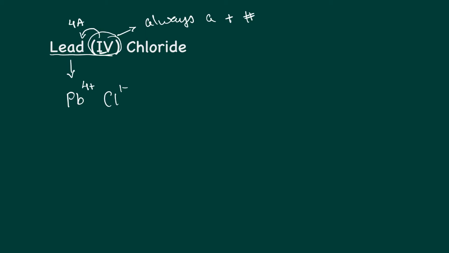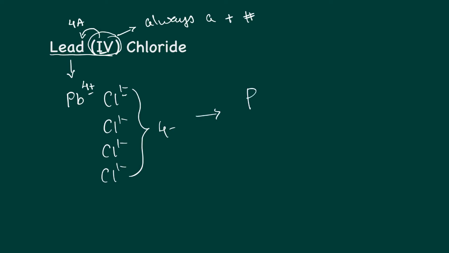So with that out of the way, let's figure this out. You've got 4 positives and 1 negative. To balance these out, you're going to need basically 3 more chlorines. So all of these make a 4 negative, and that's your 4 positive.